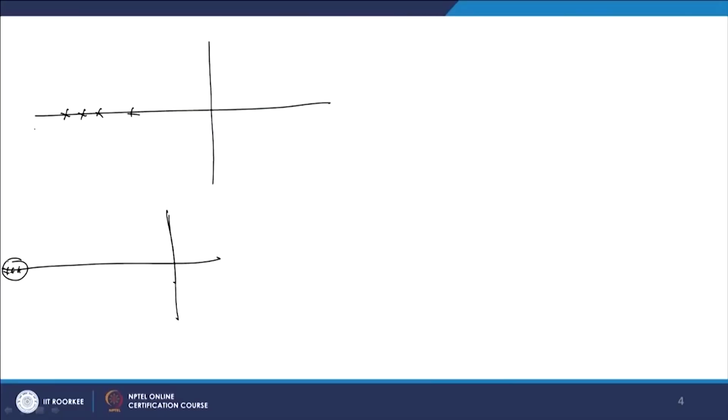But there are some issues with respect to this. The problem is that if you move these poles, let us say the original pole is here. The pole which is here has, say, a large time constant, but if you move this pole to this side, what is the time constant?